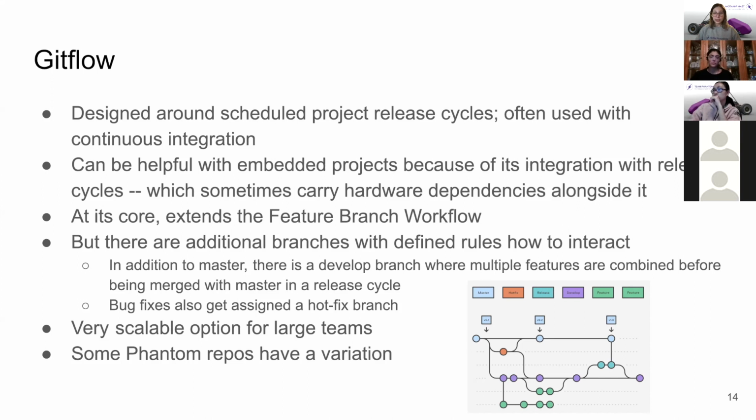When everything is ready for a release, that's when things get merged into a master branch, and that branch serves to track the different releases that are happening. And oftentimes there will be a couple of bug fixes in the process before that gets finalized. It's very scalable for large teams, and a couple of the Phantom repos are currently using it.